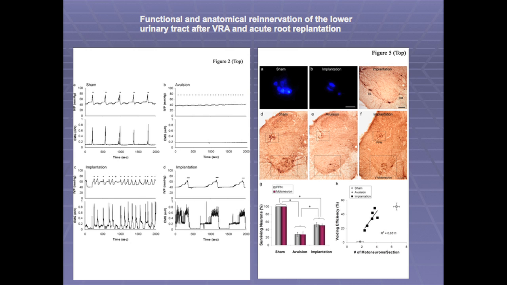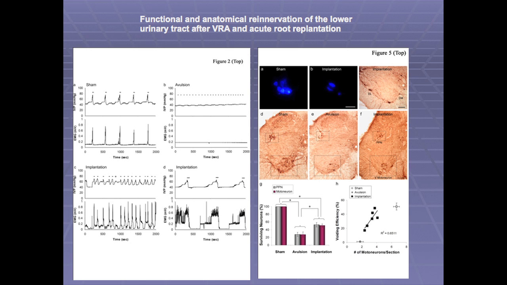So you see these traces here, both this one and that one, they show return of bladder contractions and also activation of EMG activity. That also appears to be somewhat synchronized with the bladder contraction. And so even though it doesn't look normal altogether like this, it is a lot better than having a flat line and no connection whatsoever.